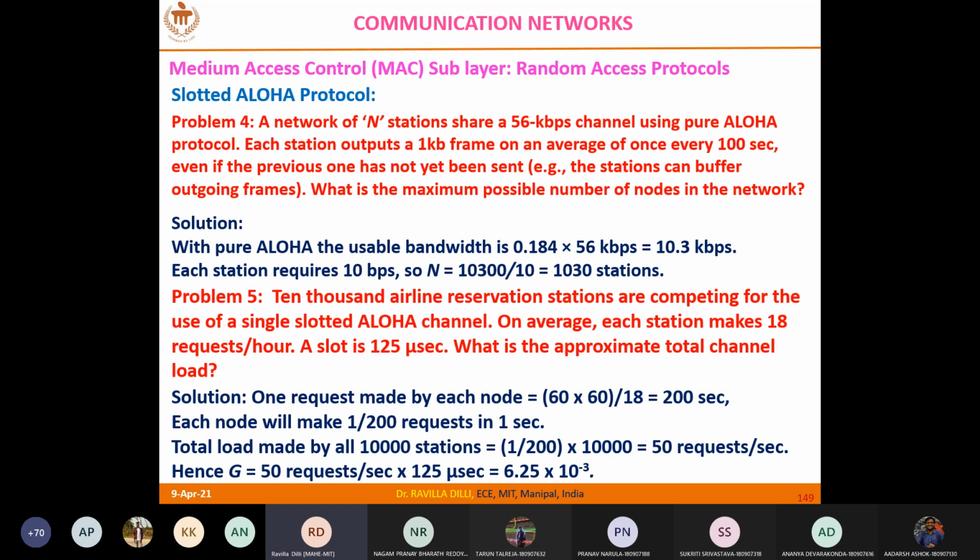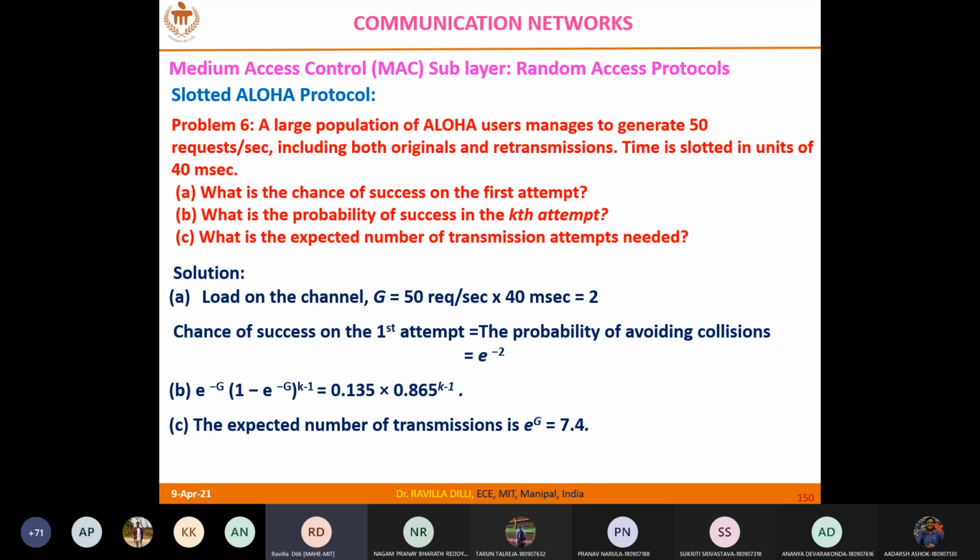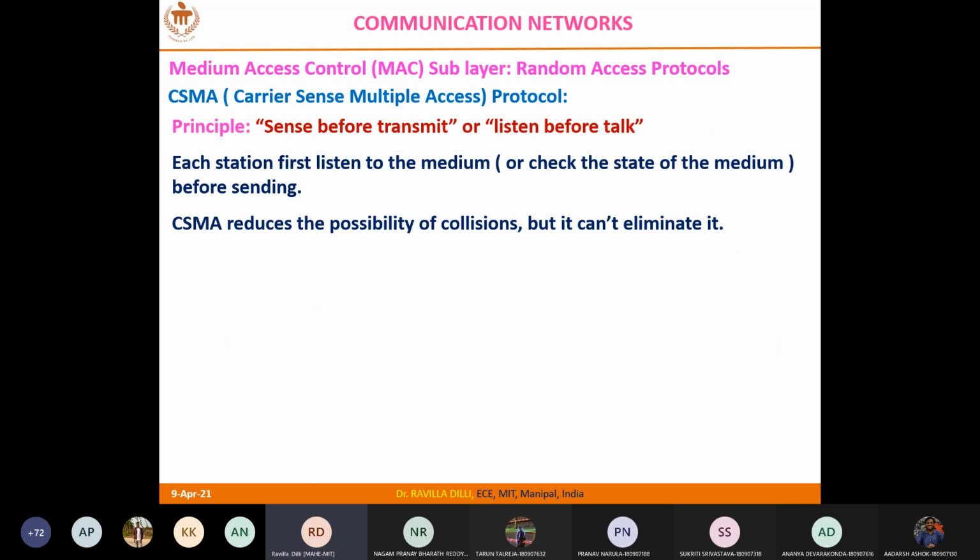Today's discussion will continue with CSMA protocols. The concept behind CSMA, carrier sense multiple access, is that you sense the channel or medium before you start your frame transmission. In simple terms, listen before you talk. You listen to the medium to see whether it is already engaged with others' frames or is idle.